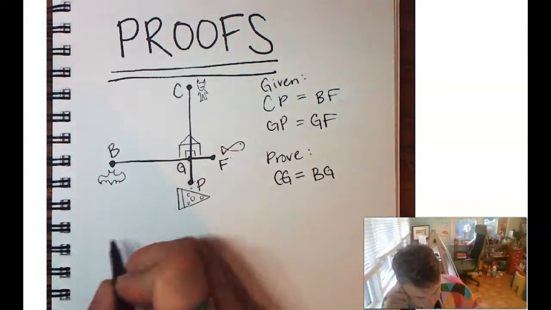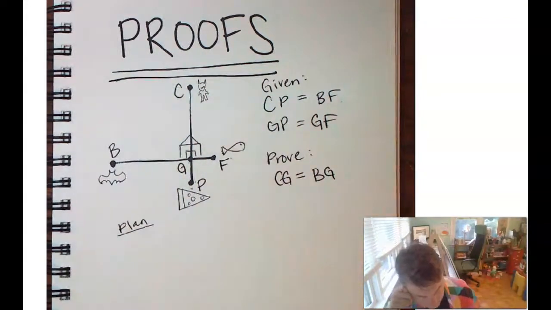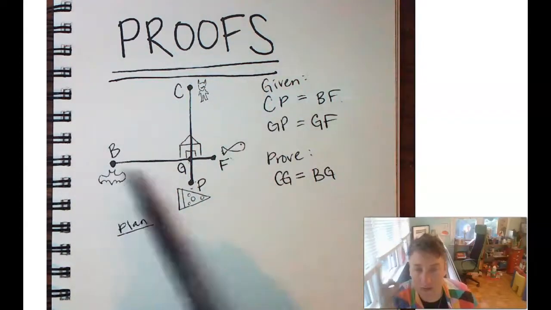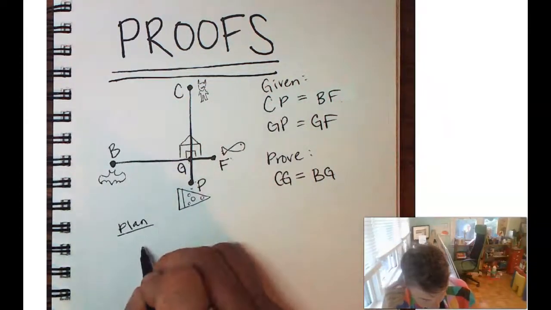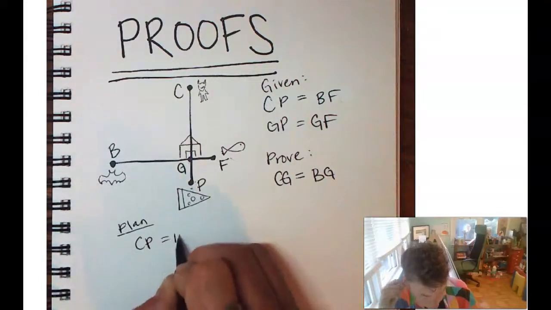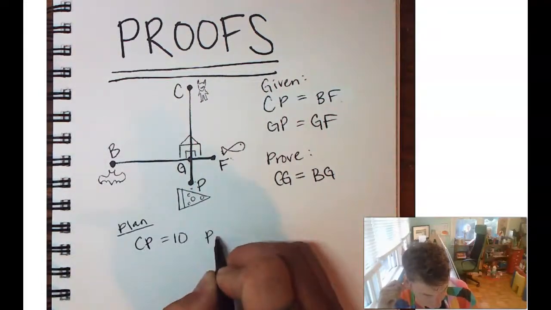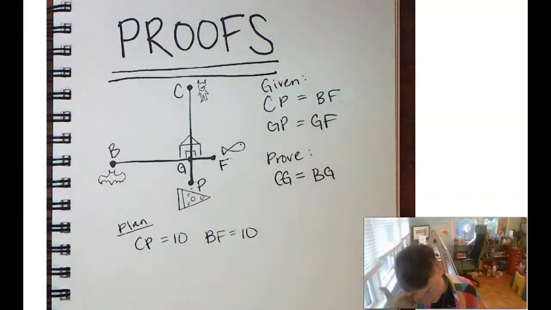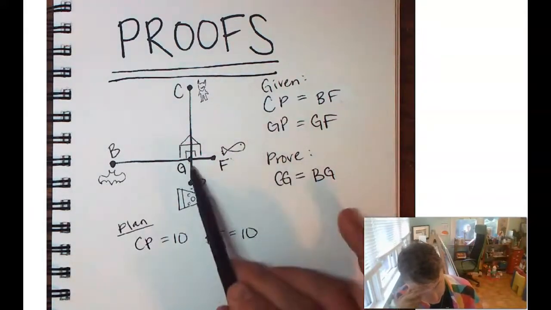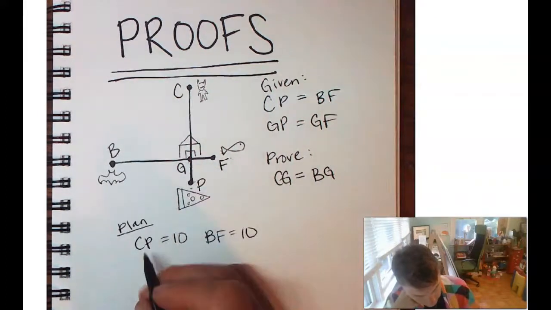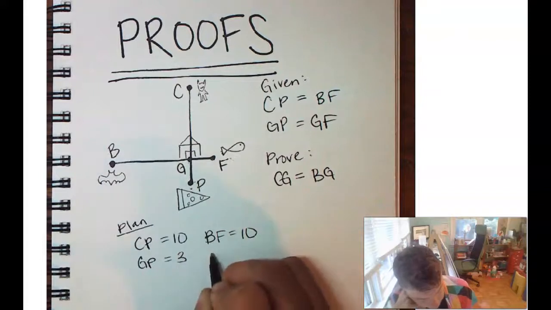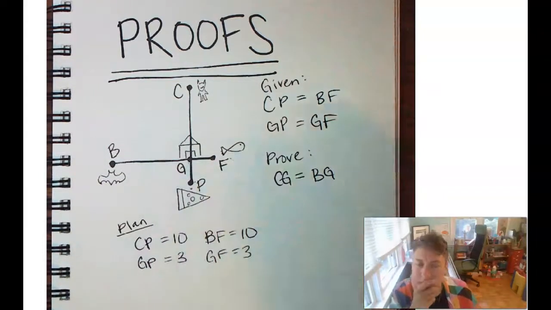Let's say that CP and BF are both 10. We're just pretending here, so we could think about why this might be true. And let's say GP and GF are both 3. GP equals 3. GF equals 3.